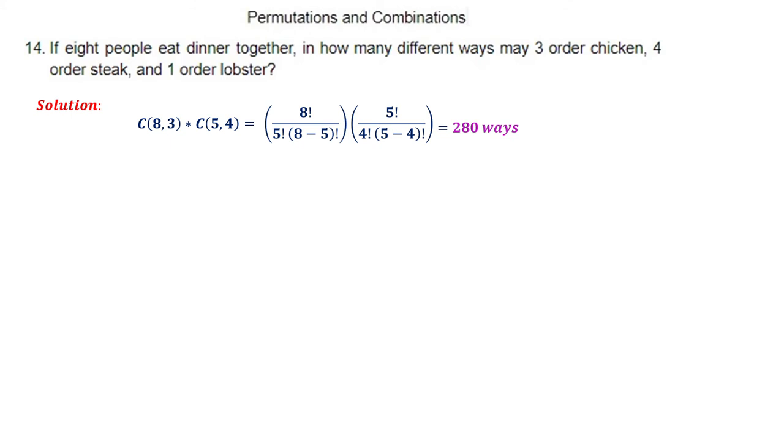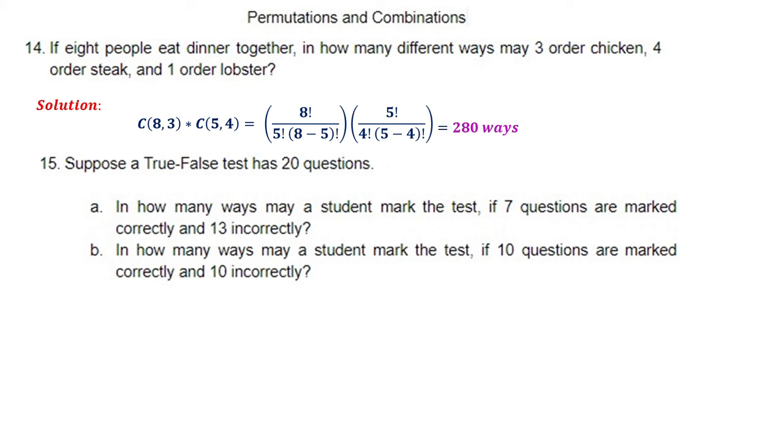Di ba? Yan. Suppose a true or false test has 20 questions. In how many ways may a student mark the test if 7 questions are marked correctly and 13 incorrectly? And then, in how many ways may a student mark the test if 10 questions are marked correctly and 10 incorrectly?